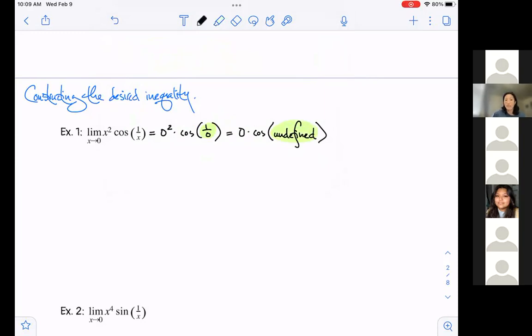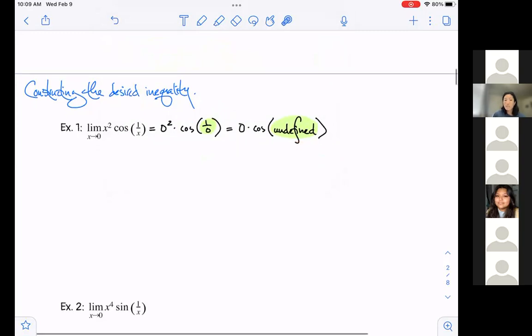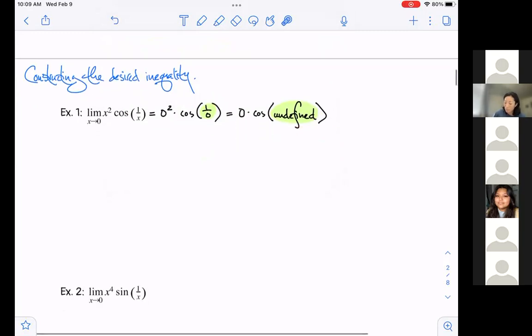Okay. And so what's happening is when we plug in 0, we get to a problem. We get to an issue because we cannot take cosine of something that's not even defined. Okay. And so when we see something like this and we look back at the problem, it doesn't look like one we could factor. There are no radicals. There's no extra fractions in there.